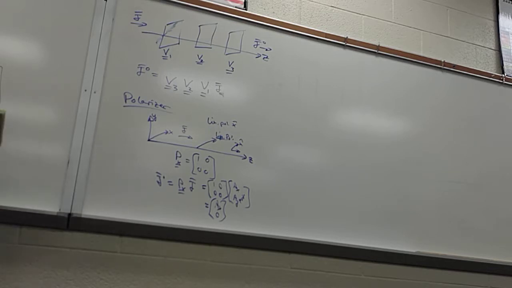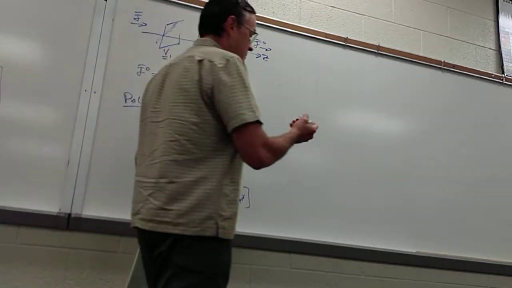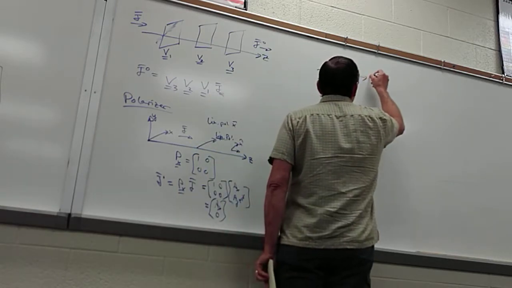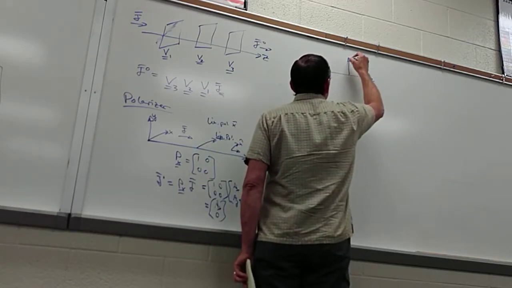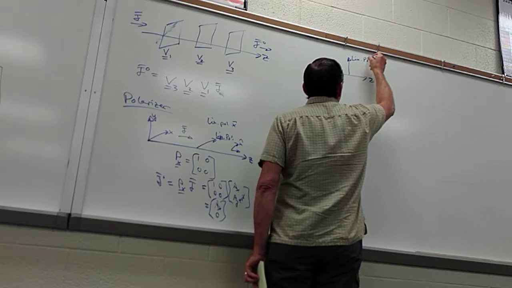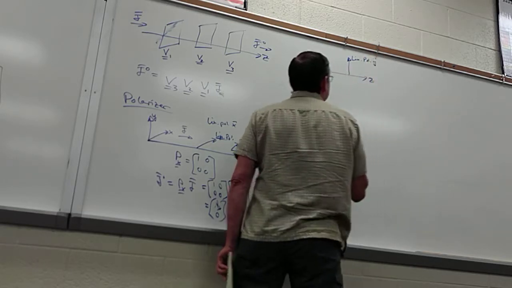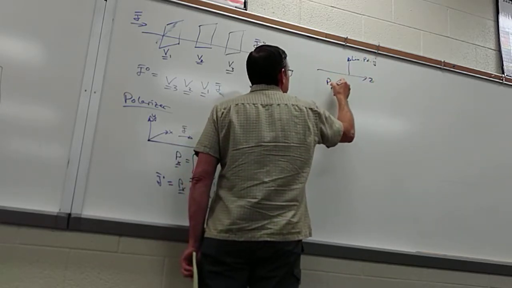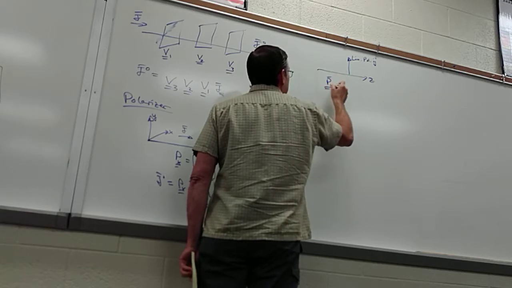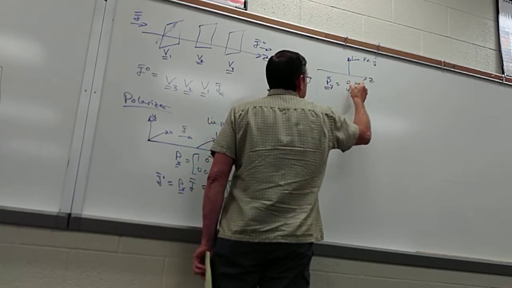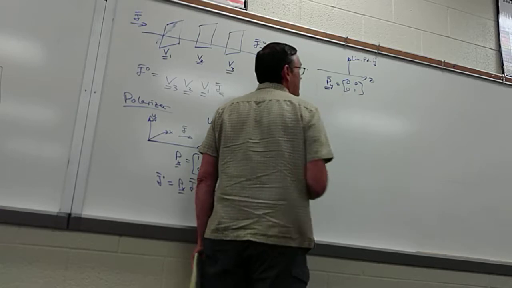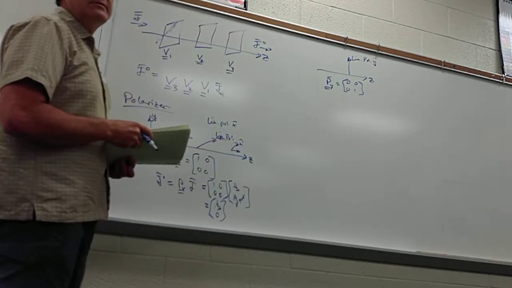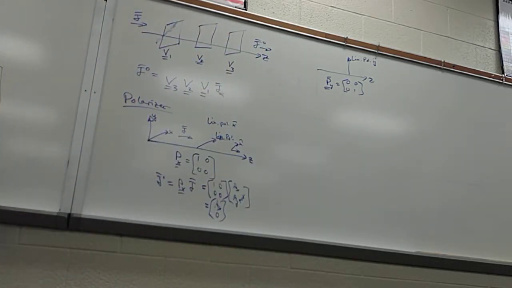Now, alternatively, we could have a linear polarizer in the y direction, and so the Jones matrix for that would just be [0, 0; 0, 1]. And therefore, it only passes the electric field component in the y direction.